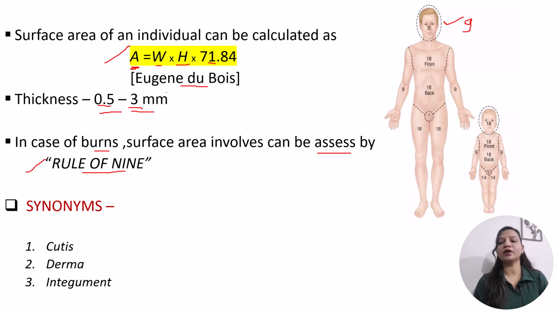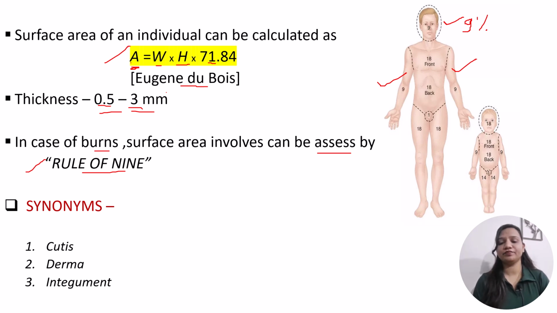So if the burn is occurring in the head region, it is said that 9% of the body area is affected by burn. And if it affects the upper limbs, 9% is denoted for each upper limb.